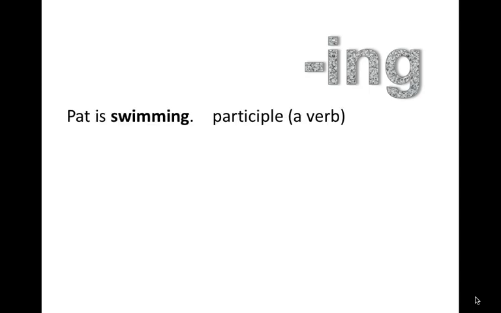Now, before we go to the next part, a note on words ending in ing. Notice that there are two kinds that look identical, but they don't function in the same way, so they are distinct. Swimming in Pat is swimming is a participle, which means it is a verb. It's functioning as a verb.